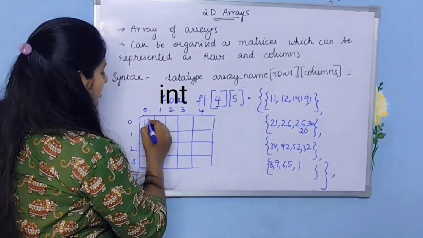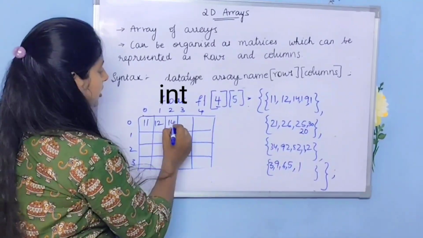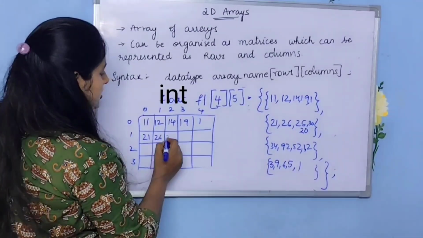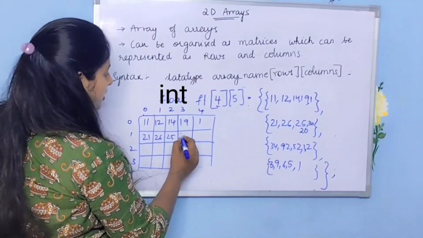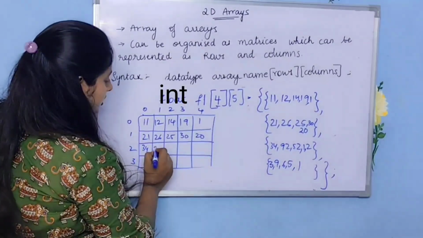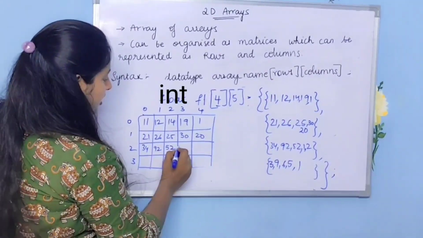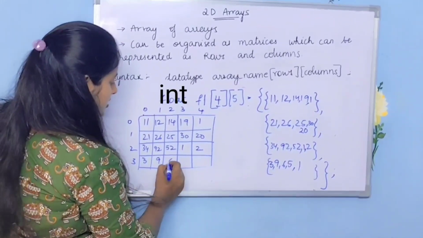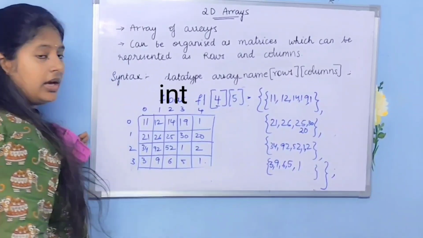It's 11. Again 12, 14, 19, 1. Again 21, 26, 25, 30 and 20. Again 34, 92, 52, 1, 2, 3, 9, 6, 5, 1. These are my array elements.